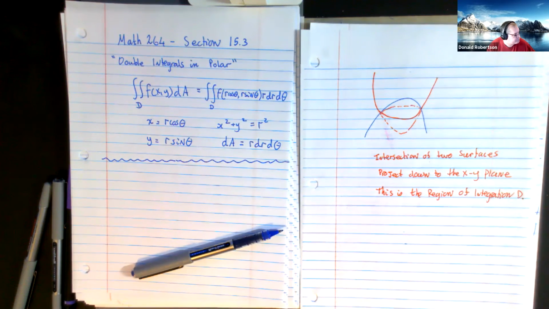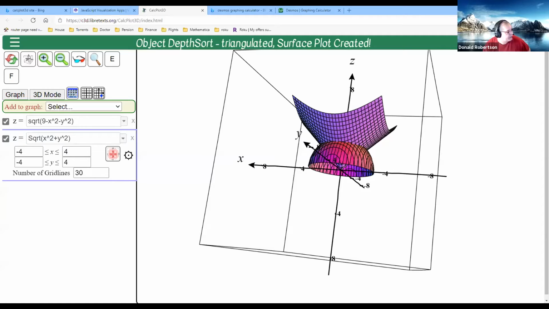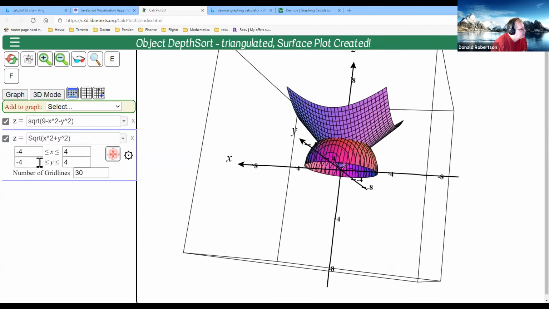So here are 2 surfaces, and we are interested in how we could find the volume between the 2. This time I'm using a different piece of software. The first surface is the square root of 9 take away x squared take away y squared.